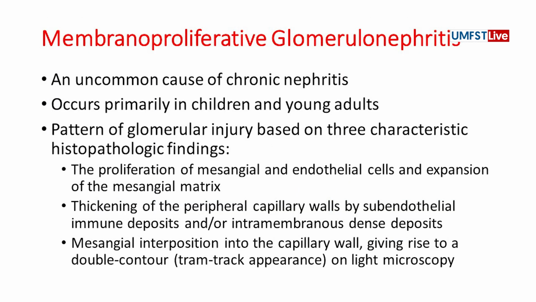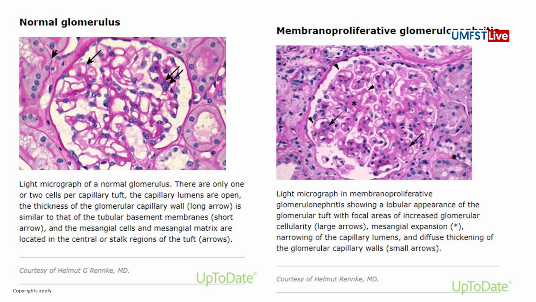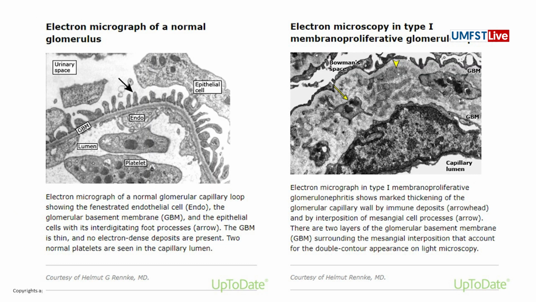And membranoproliferative glomerulonephritis is another, it's not common, that's really good for us. You see the cellularity and matrix enlargement. In electron microscopy, the cells are making transposition, that's why we see the double track.